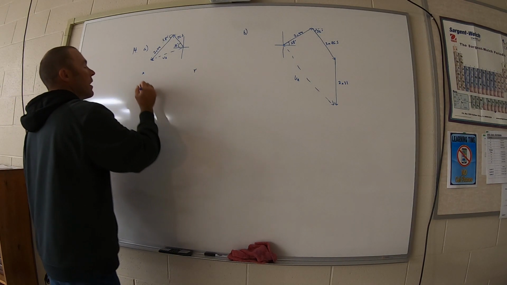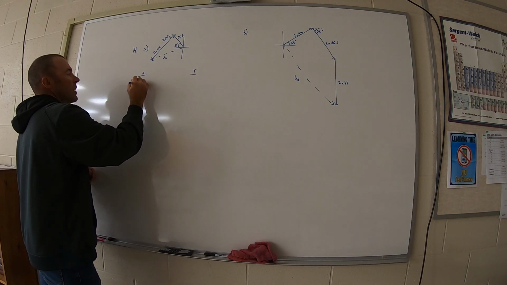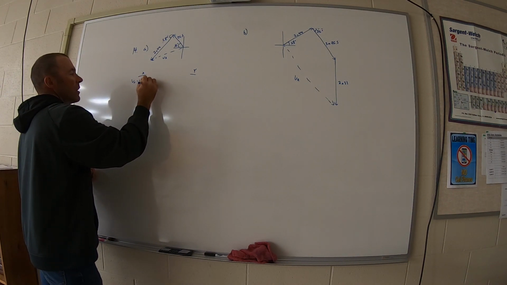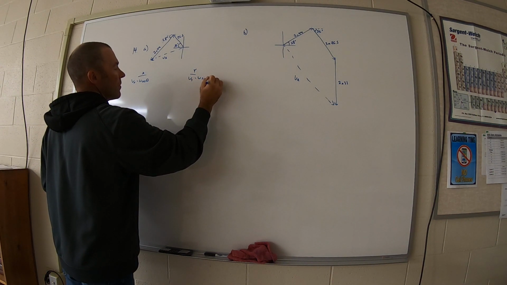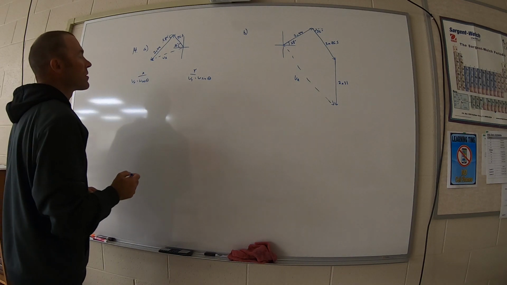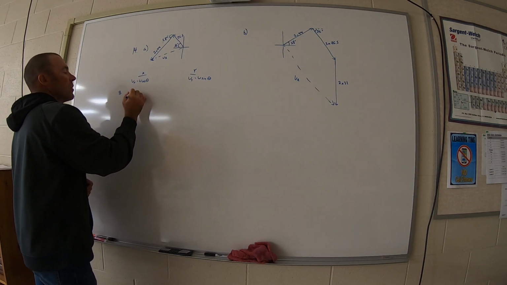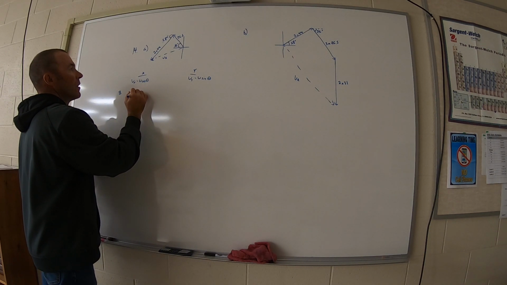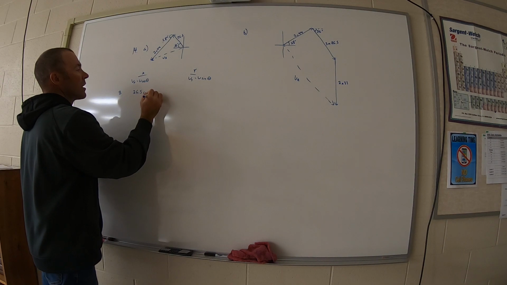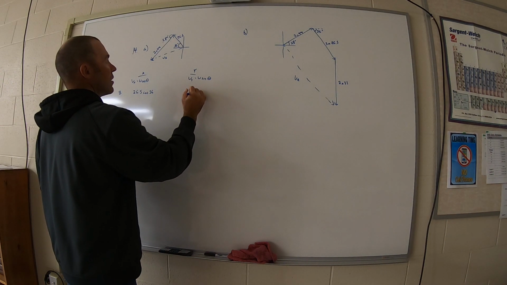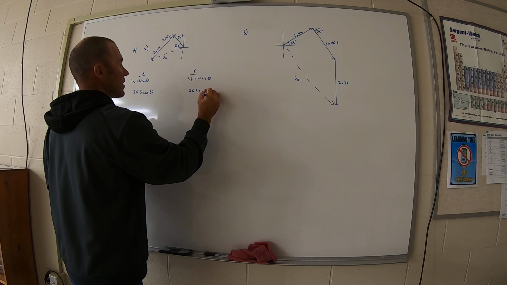So on A, x and y, here's the equation. Vx is equal to V times the cosine of theta. For y, Vy is equal to V times the sine of theta. And let's solve for all the components. So I guess we'll do B first. So B is going to be 26.5 times the cosine of 56, 26.5 times the sine of 56.